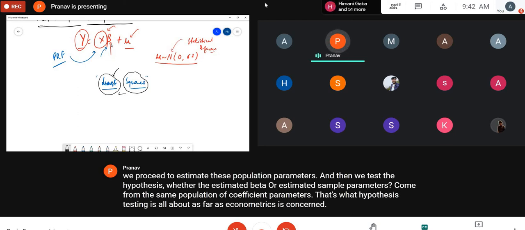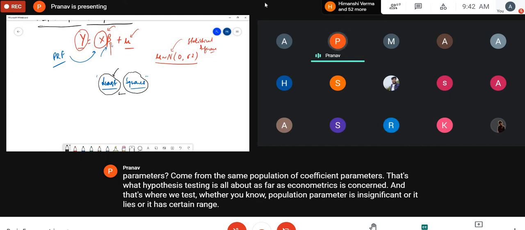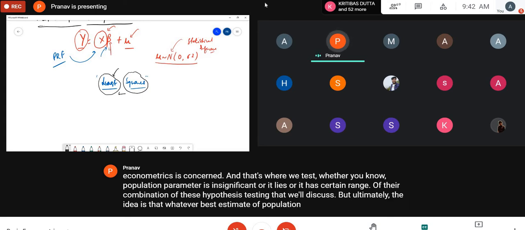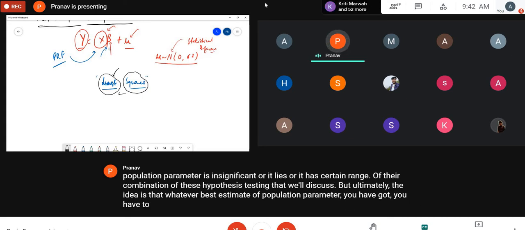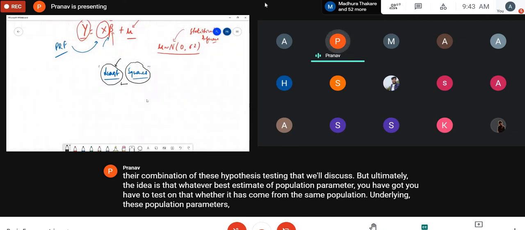And that's where we test whether the population parameter is insignificant or it lies in a certain range. There are a combination of these hypothesis tests that we'll discuss, but ultimately the idea is that whatever best estimate of the population parameter you have got, you have to test whether it has come from the same population underlying these population parameters.